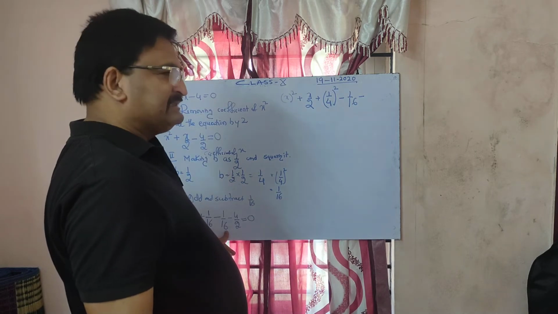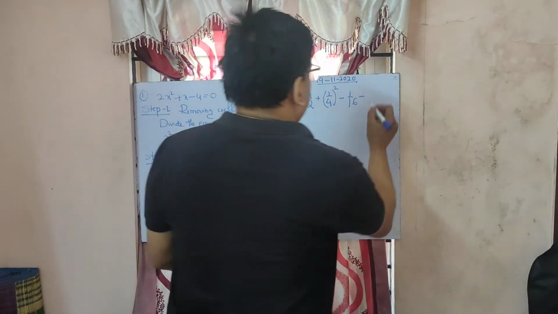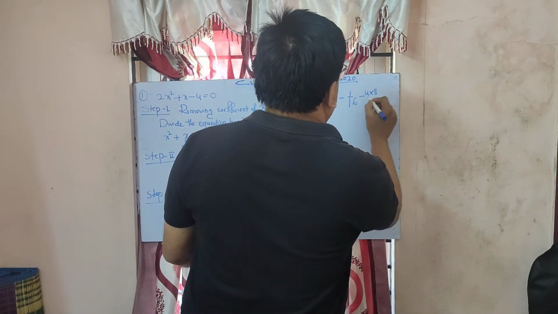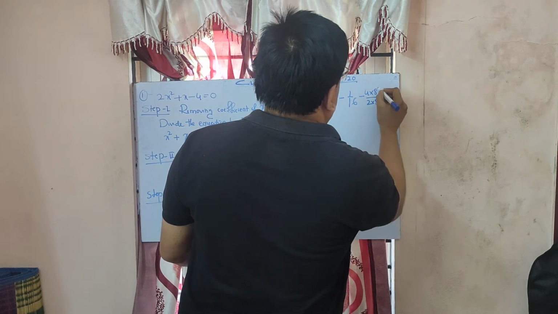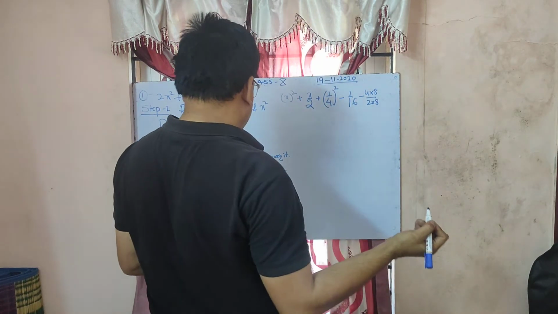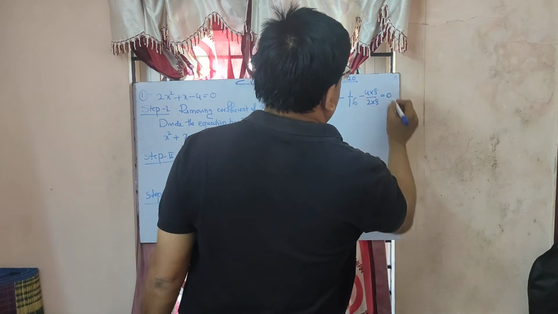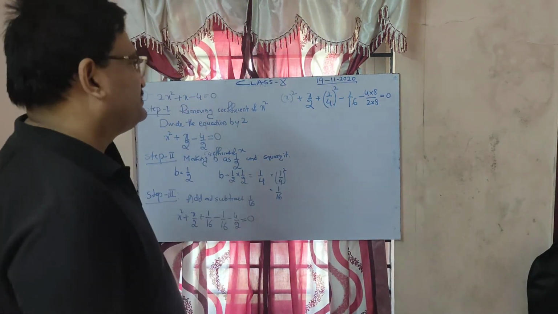Make 2 as 16: 4 into 8 and 2 into 8. If you multiply and divide by the same number, there will be no change.